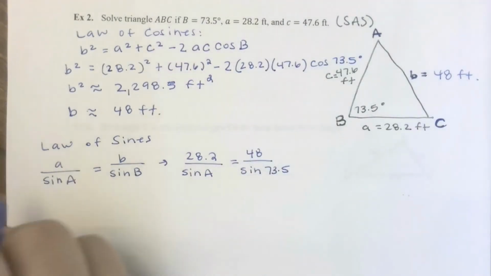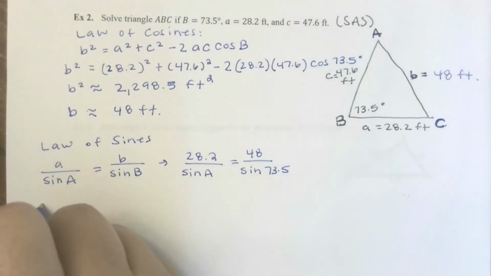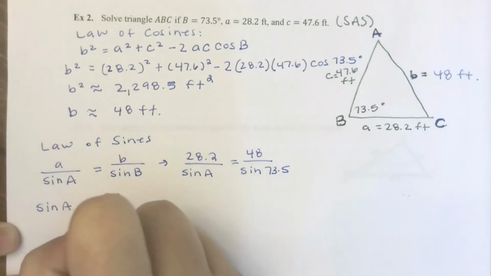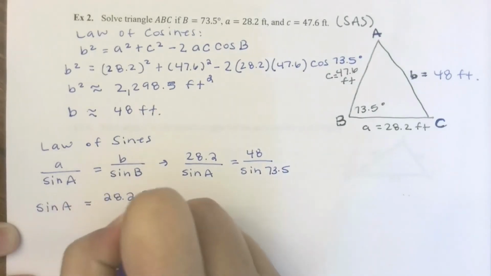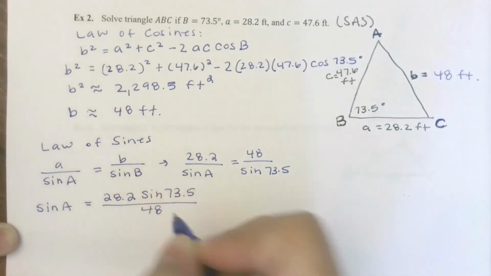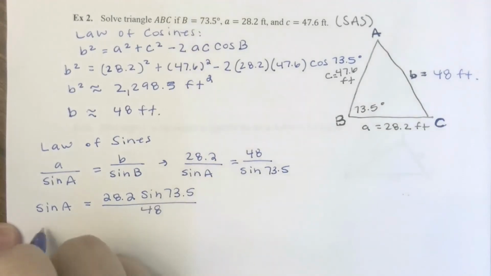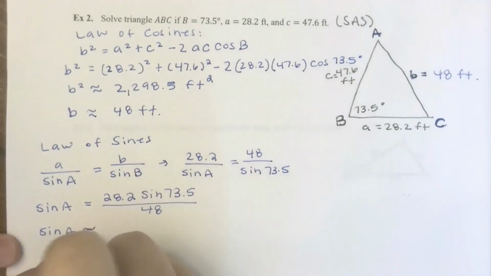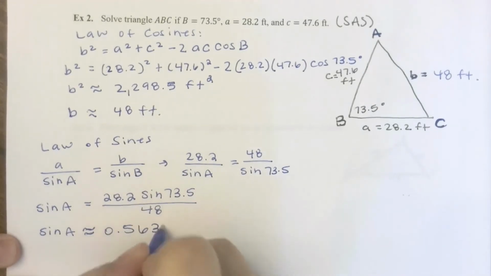So then that gives me that sine A is equal to 28.2 times sine of 73.5 all over 48. Plug that into the calculator and you get sine A is approximately 0.5633.